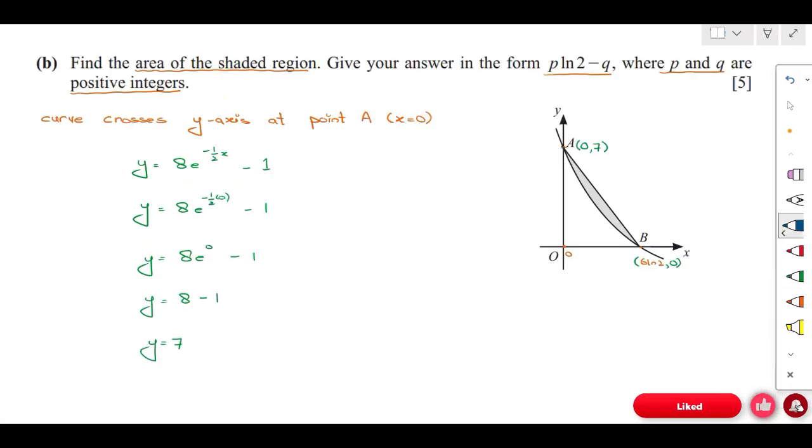Now we have the y value here as 7 and this value as 0. To get this shaded area, as you can see AOB makes a right angle triangle, right? First find the area of this triangle, which is half base times height. The base is 6 natural log of 2, the height is 7. From that area subtract the area under the curve, the integration of the curve from 0 to 6 ln 2.